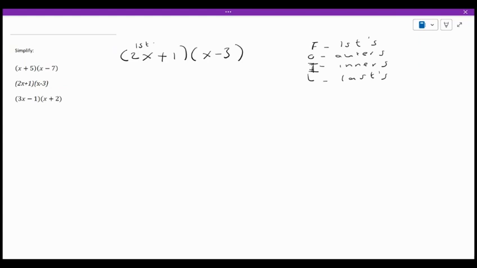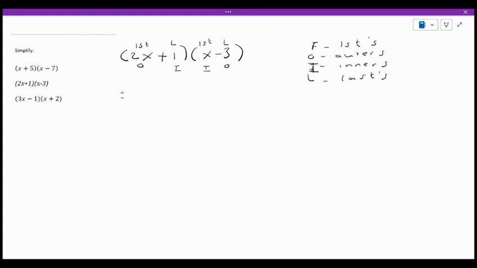This one comes first in this bracket, and the x also comes first in this bracket. We look at the outers. This one is on the outside, and that one is also on the outside. We look at the inners, the ones closest to each other. The 1 gets an I, the x also gets an I, and then the lasts, which are the 1 and the negative 3. And what do we do moving on here?